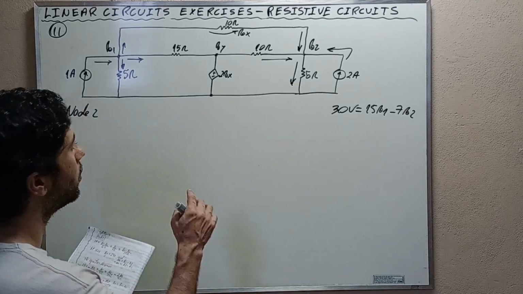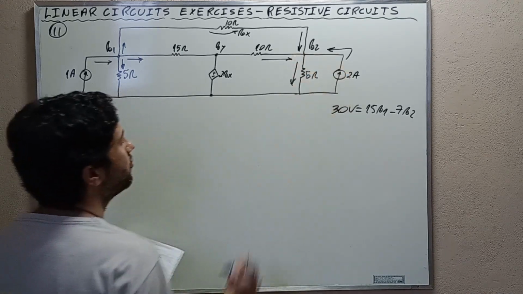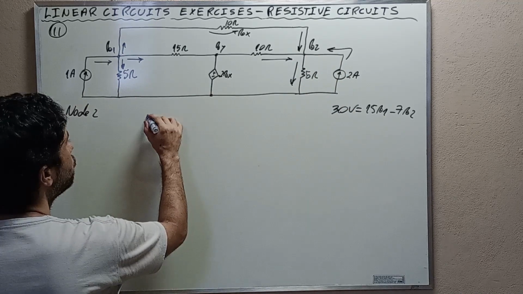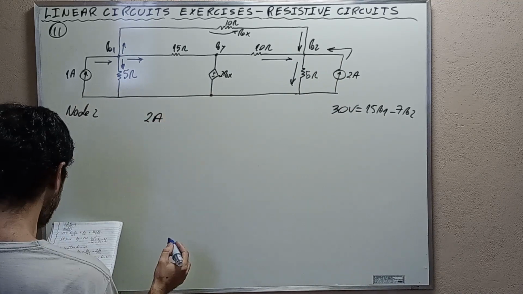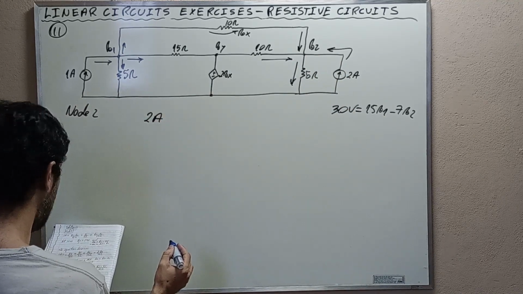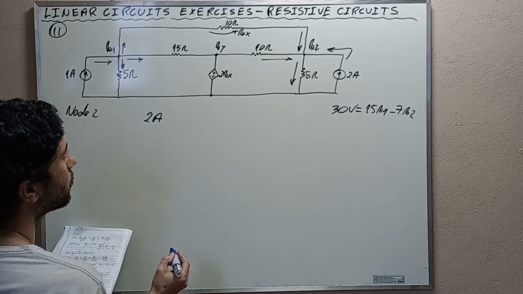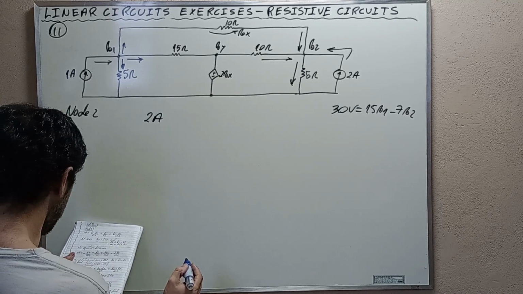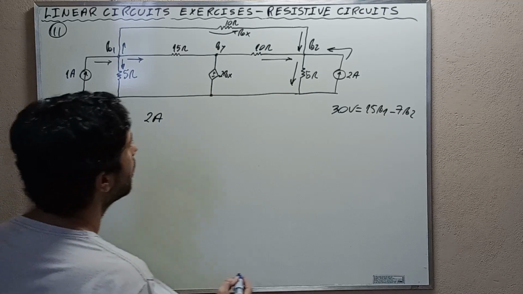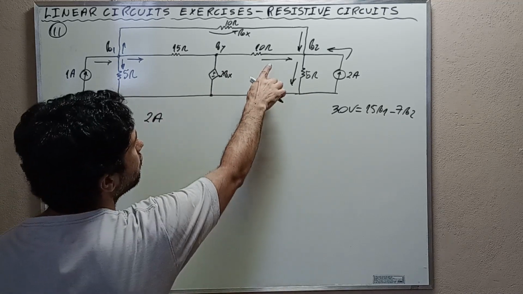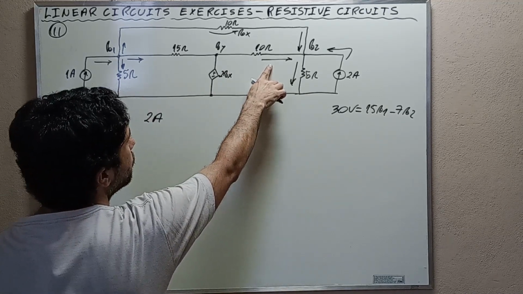Then the currents that enter the node: 2 amps is the current entering the node. And this current here also enters the node.